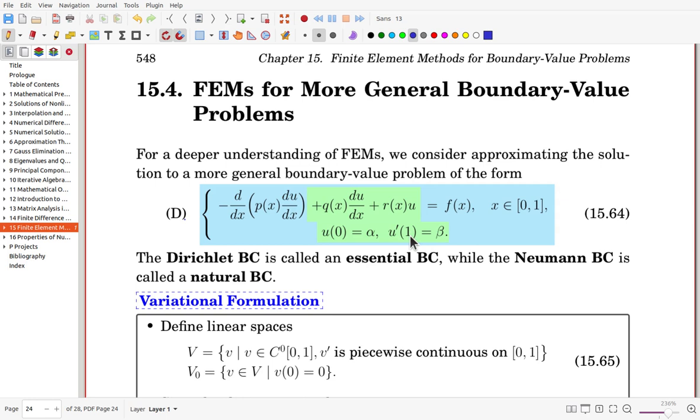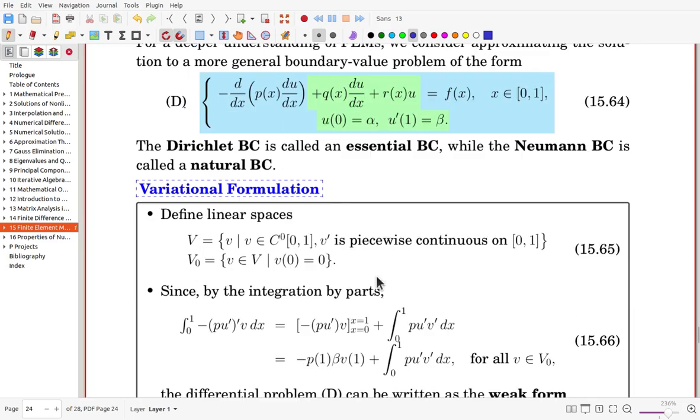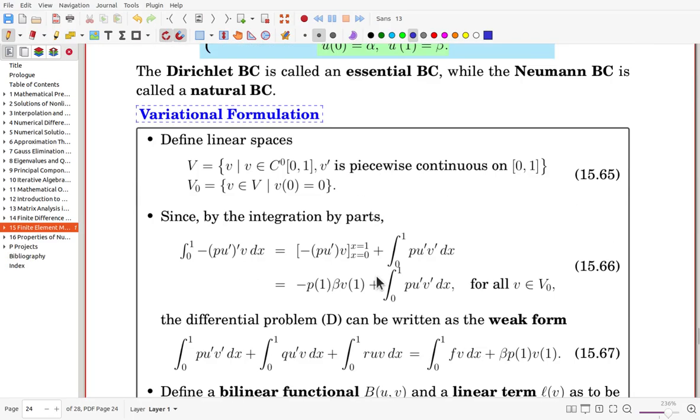To solve this problem, again, we should start with a variational formulation. To deal with this non-homogeneous boundary condition, we need a little bit of complication. However, in fact, it's not really a real complication. Let's see the variational formulation. We define two linear spaces.